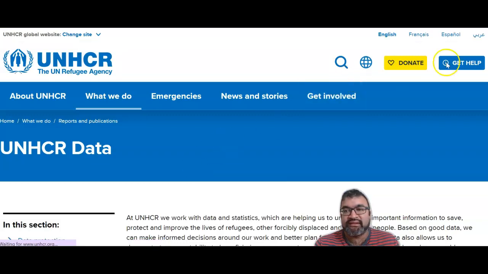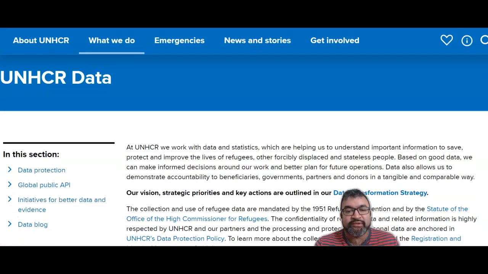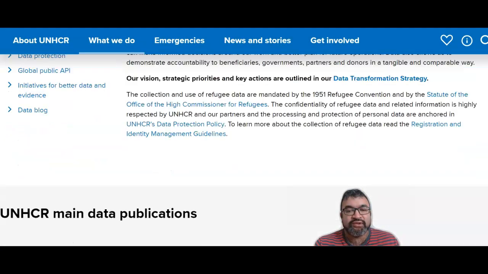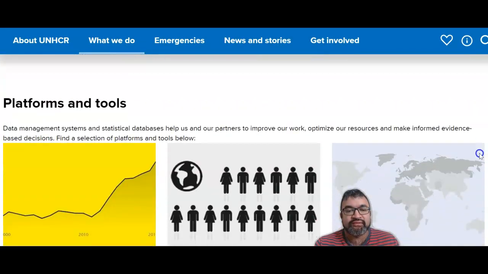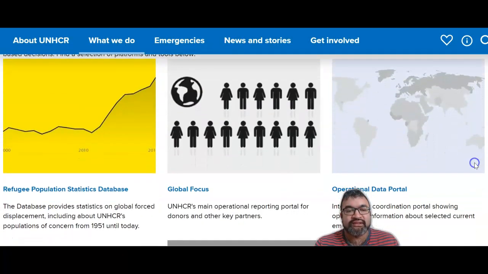And then a page will pop up here. And what you want to do here is go all the way to the bottom, and then go into Refugee Population Statistics Database. So click on that, and this is at the bottom of this page.